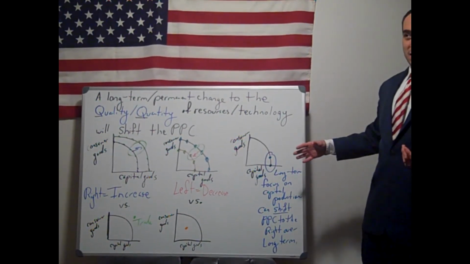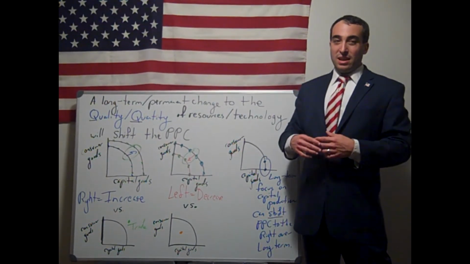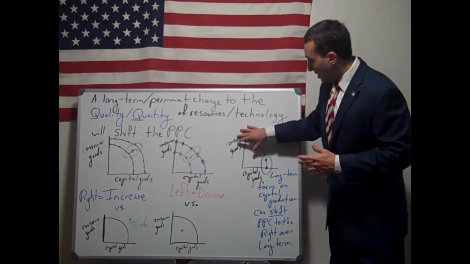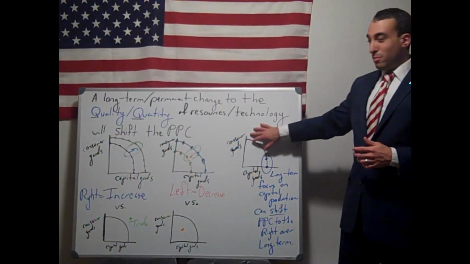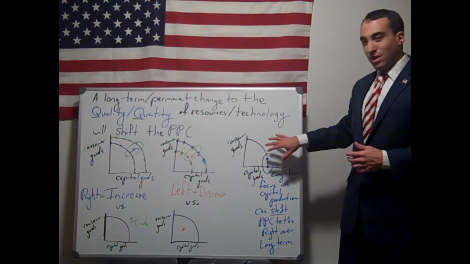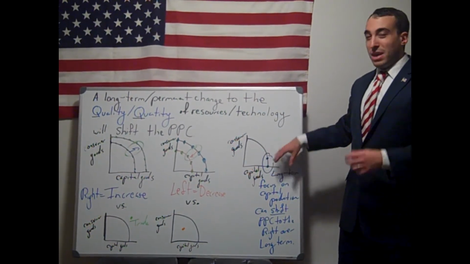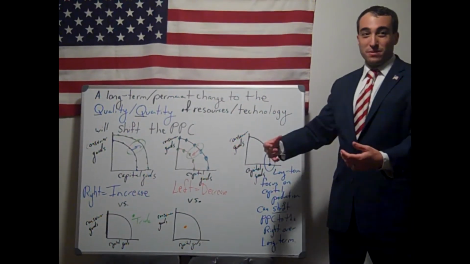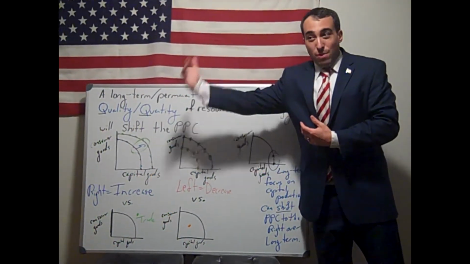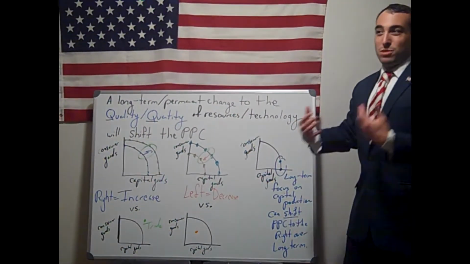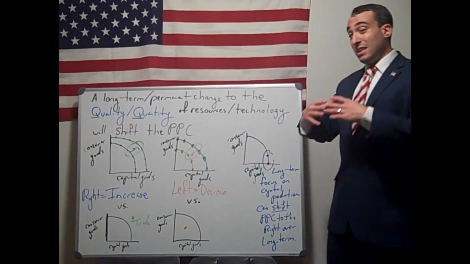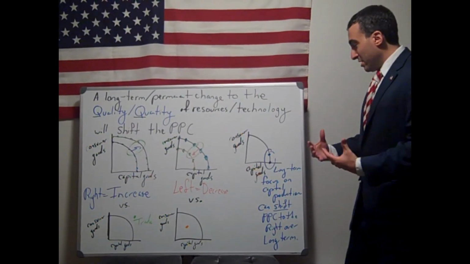We actually got to see this with Stalin's five-year plan, where Stalin literally changed his combination of almost no consumer goods and services to only capital goods, in an effort to, over the course of five years, shift the nation's PPC rightward and have a greater production of goods and services, but just in the capital sector.